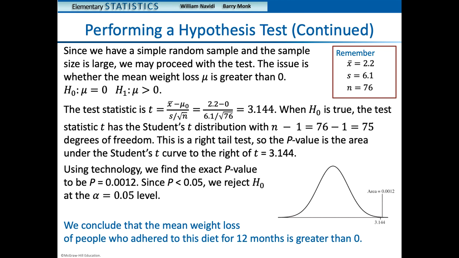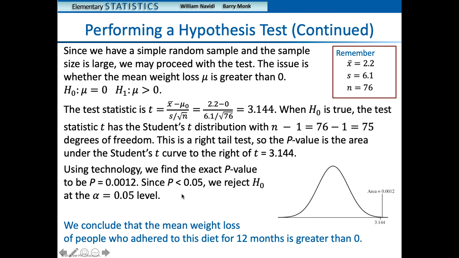We can also use that chart, but as we will see in a moment, the chart is not detailed enough to give us an exact p-value in most cases. It's only detailed enough to narrow down the p-value to within a range, which most of the time is still good enough to make a decision, because remember, we only have to compare our p-value to our value of alpha to make a decision.